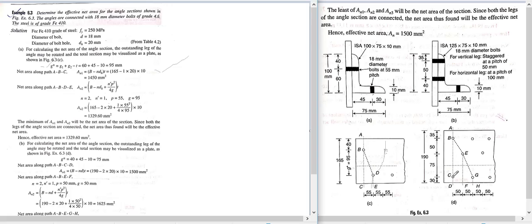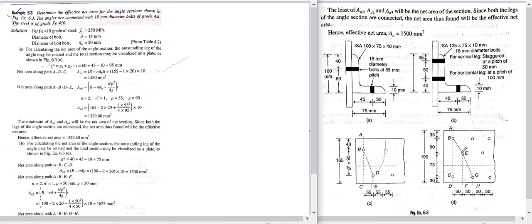Now for the horizontal leg, at a pitch of 100 millimeter. This is the first bolt on the horizontal leg, and from this bolt to the second bolt it should be 100 millimeter, and so on. I hope this picture is clear now. Here also we have to rotate this leg to assume it as a plate. If you rotate this leg, then from this bolt line to this bolt line you should find the gauge distance or modified distance.